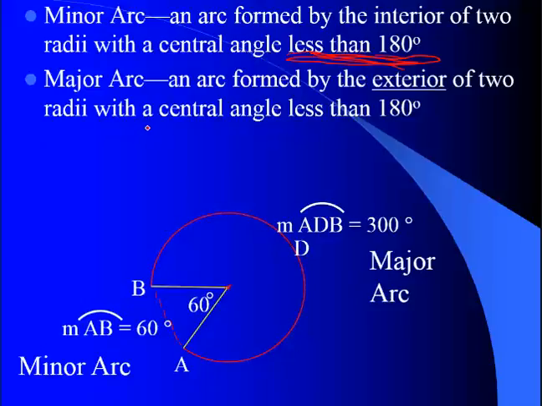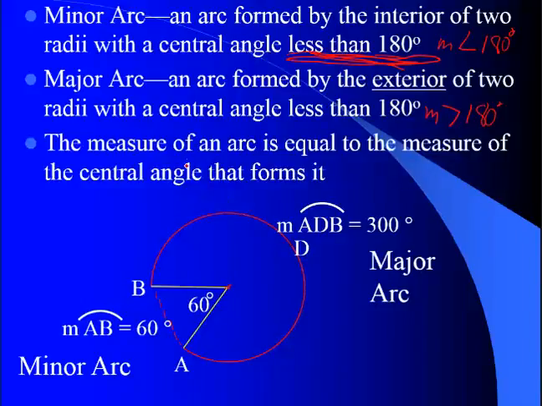So we could add here that its measure is going to be greater than 180. And the measure up here is always going to be less than 180. The measure of this arc here is going to be equal to the measure of the central angle that forms it.